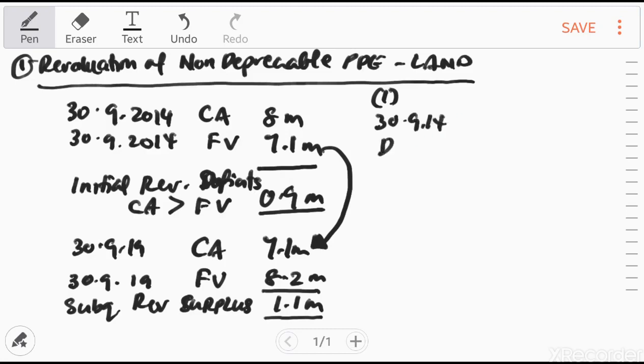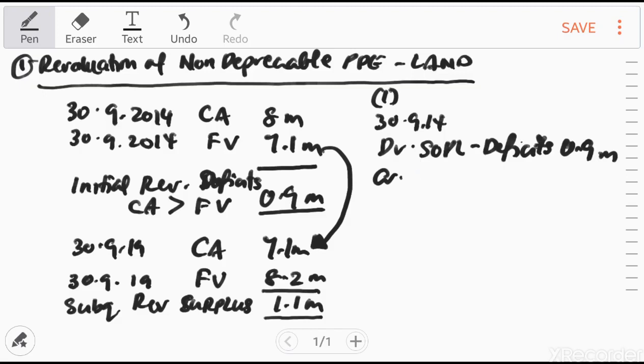So you will debit SOPL. Why do you debit SOPL? Because this is the first time that you revalue and you incur a deficit. So you will go and debit, and it is being expensed, of how much? 0.9 million the first time, which is the initial revaluation.